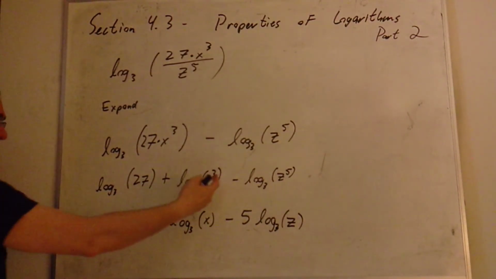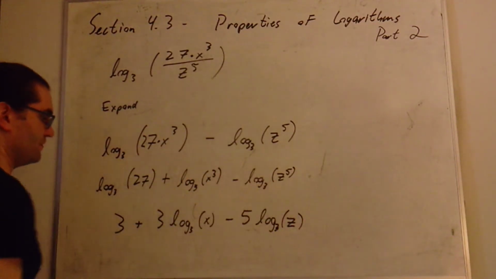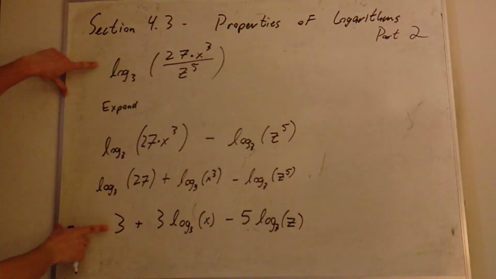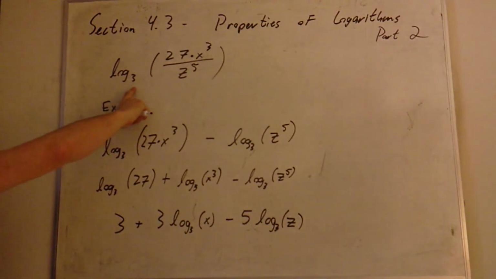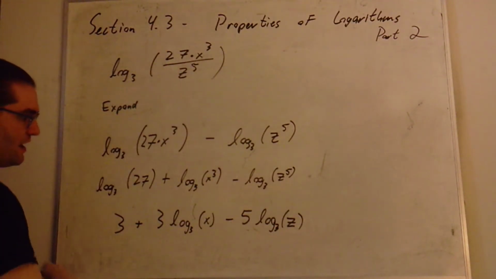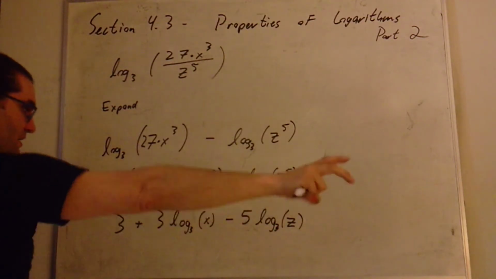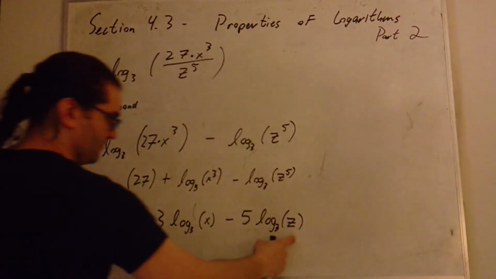So this 3 up here comes down in front, the 5 there comes down in front. Believe it or not, these two expressions mean the exact same thing. As a single log, this looks like the log base 3 of 27x cubed over z to the 5th. As an expanded thing, this is 3 log of x minus 5 log of z.